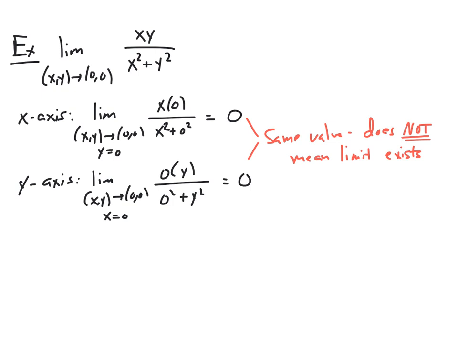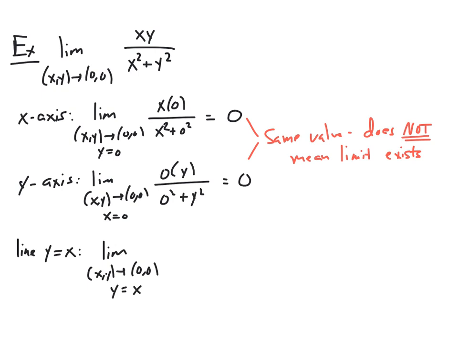And so we can try a different line. For example, maybe we want to try the line y equal to x. If we try the line y equal to x, we're going to compute the limit as (x,y) approaches the origin along y equal x.